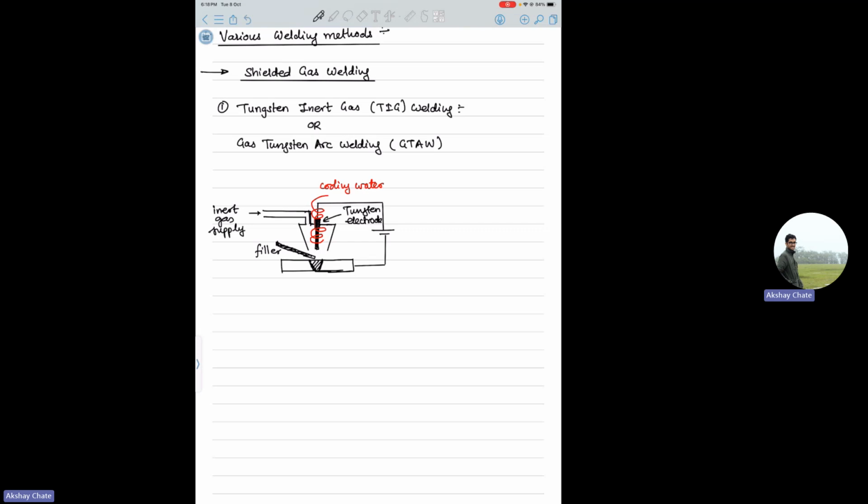This tungsten electrode is a non-consumable electrode, right? Because we are using filler for that purpose. So this is a non-consumable electrode. That is also asked sometimes, that in TIG what kind of electrode is used, because many students may not know what is TIG. So therefore, these kind of things are there.